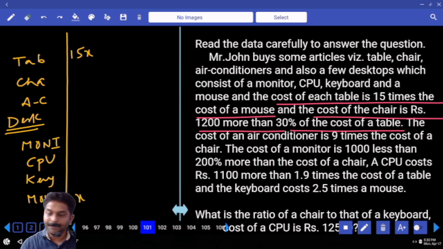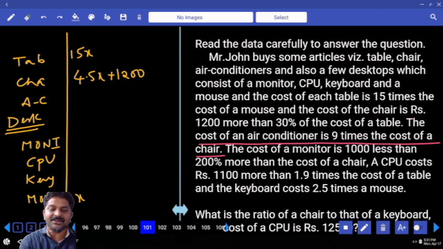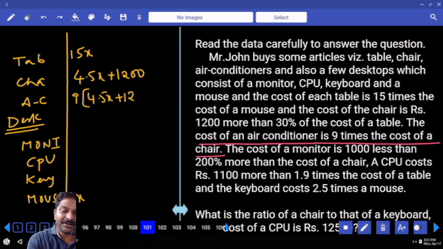So 30% of that is 4.5X, and then 1200 more. Got it? Continue. The cost of an air conditioner is 9 times the cost of the chair, that is 9 times the cost of the chair plus 1200.